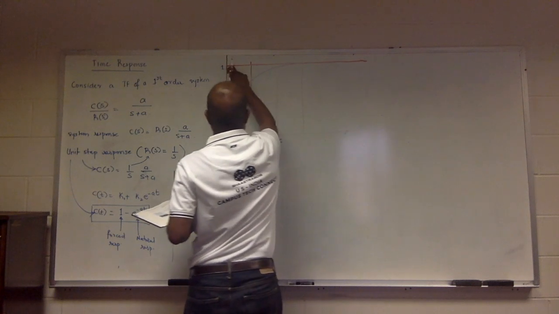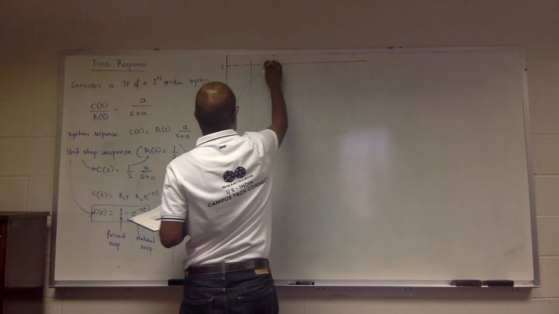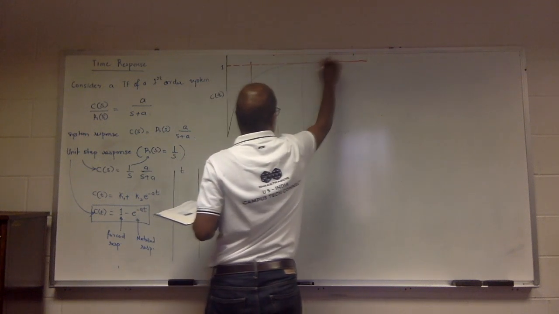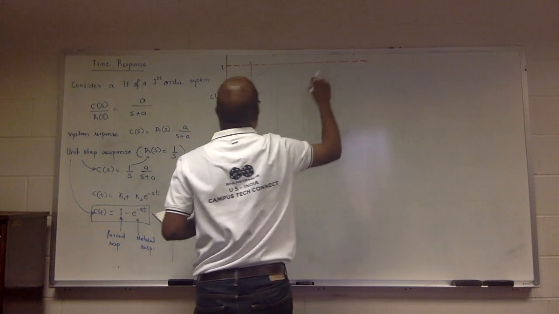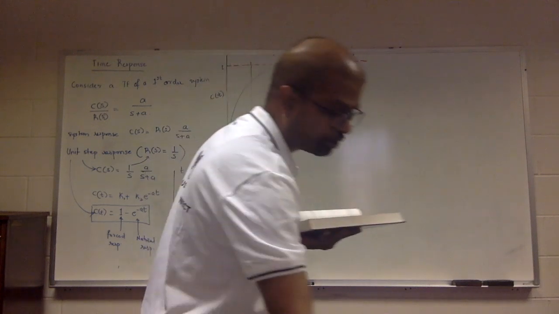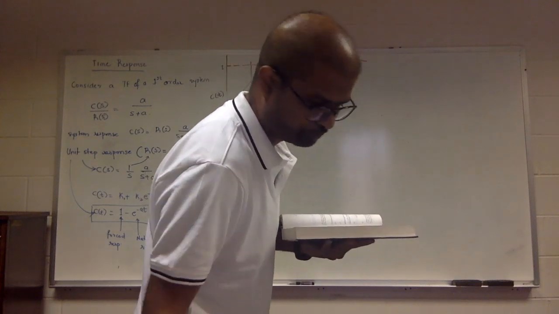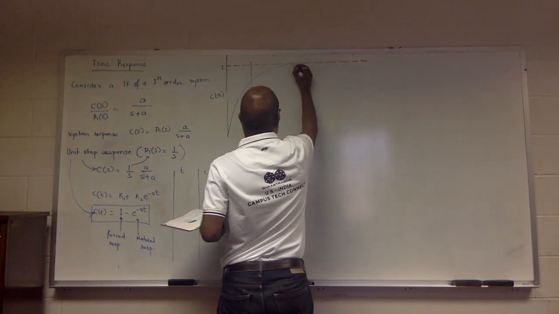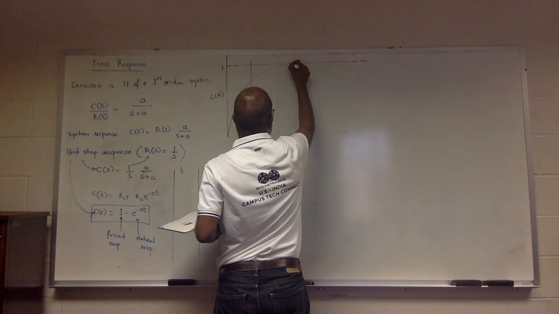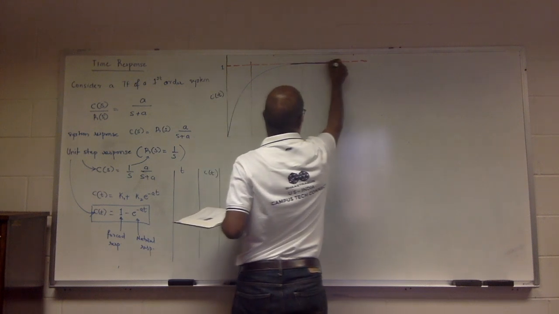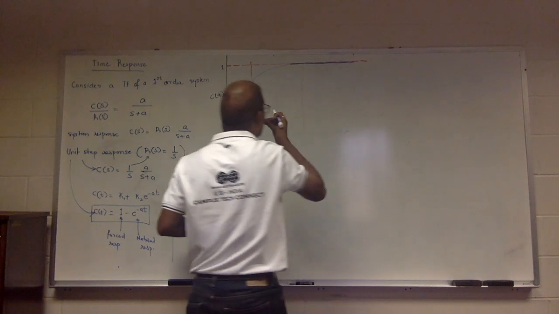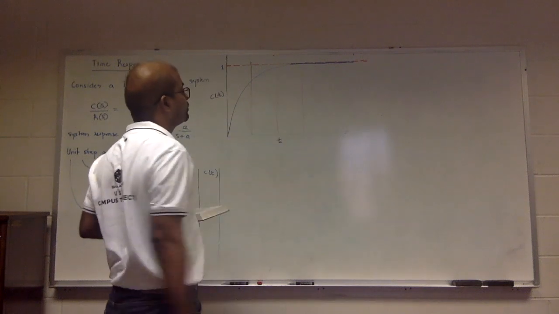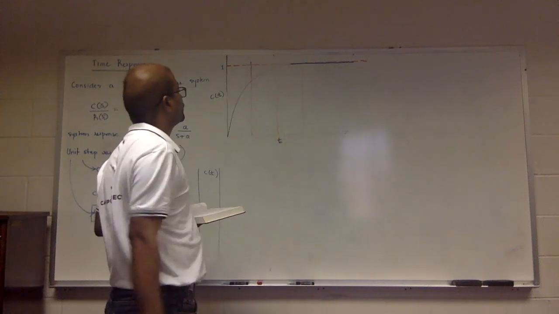These are the guidelines, or you can just say they're simply guides. The actual response, the actual plot, is in blue, and it will eventually be almost asymptotic to that one line.